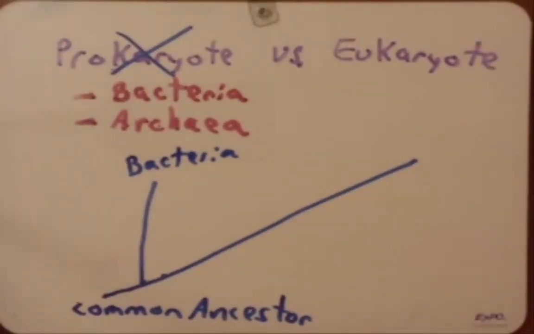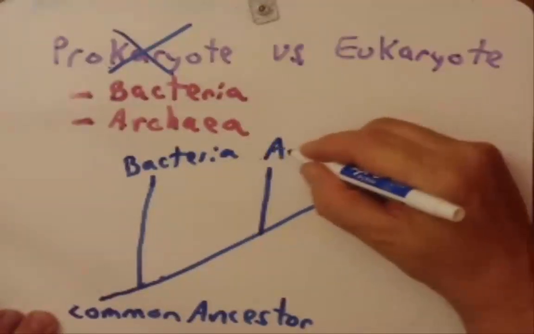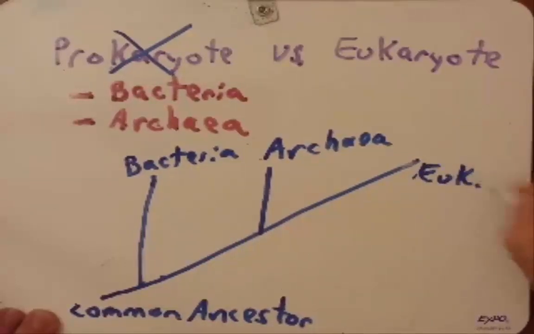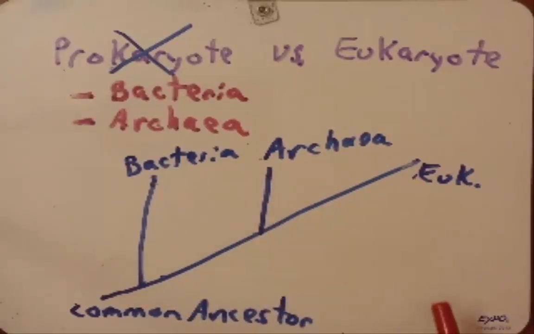They're the most primitive. The next thing would have been these archaea. And then finally, eukaryotes. And we can break these down a lot more, and we will later on towards the end of the semester. But for now, what I really want you to focus on is the fact that bacteria and archaea are separate groups, and they should not be lumped under prokaryotes.